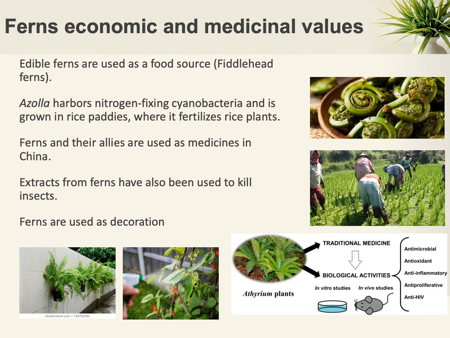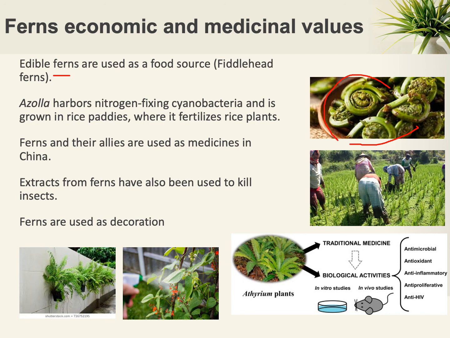Next we have the economic and medicinal values of ferns. Ferns can be quite edible, so they are used as a food source. This example here is the fiddlehead fern. In mainland China, they usually eat this during winter to keep themselves warm.